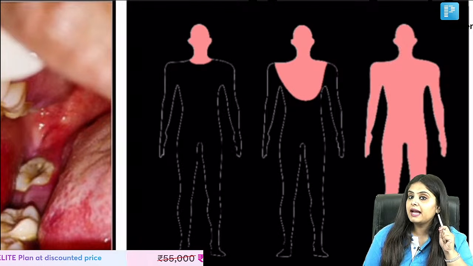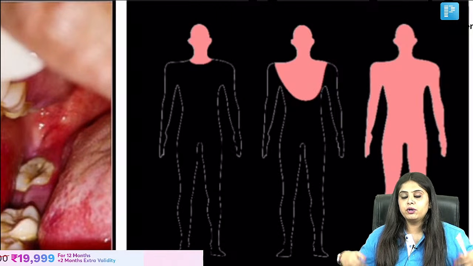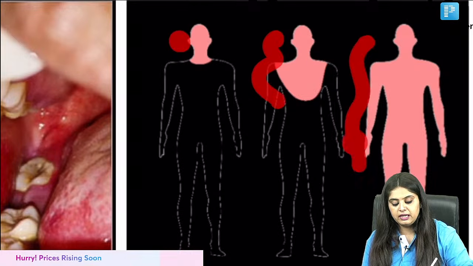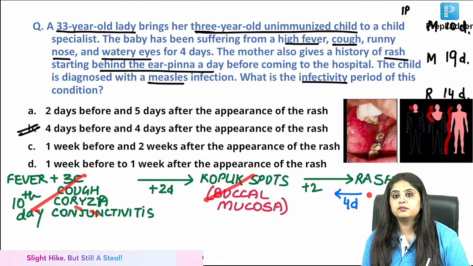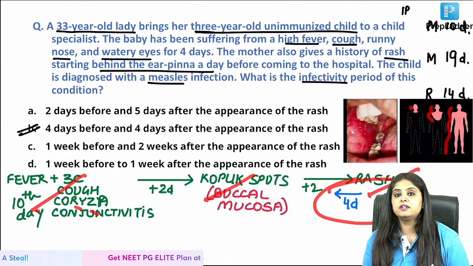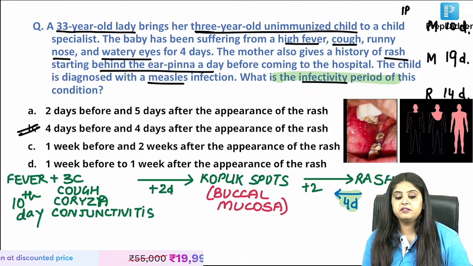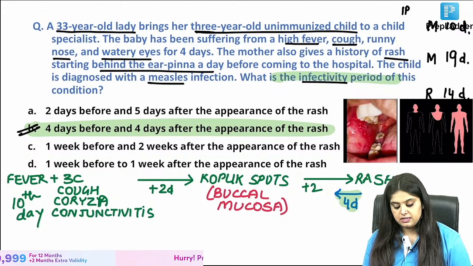Ma'am, it begins from behind the ear pinna and then it is going to go down. Like water falling on your body, the same way there is a water-falling mechanism, and from the pinna you can see it going down the body. So you can see first is fever and 3 C's, then Koplik spots, then the rash. And when is the infectivity period? As was asked over here, 4 days before to 4 days after the appearance of rash. That is also done.